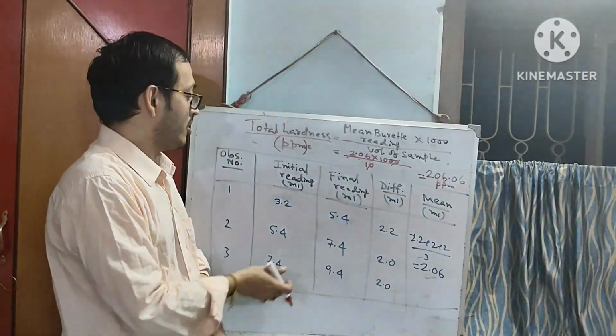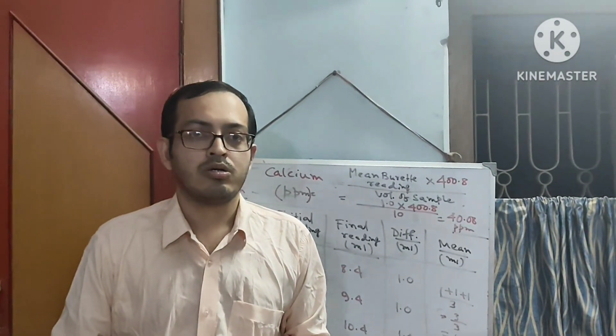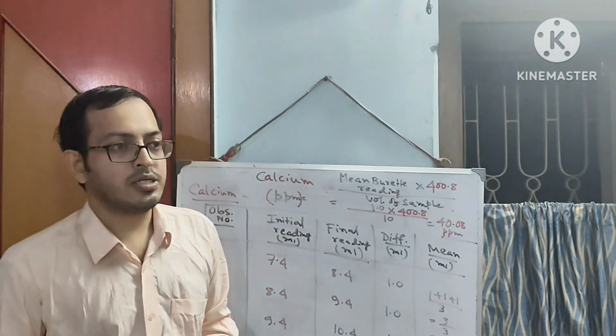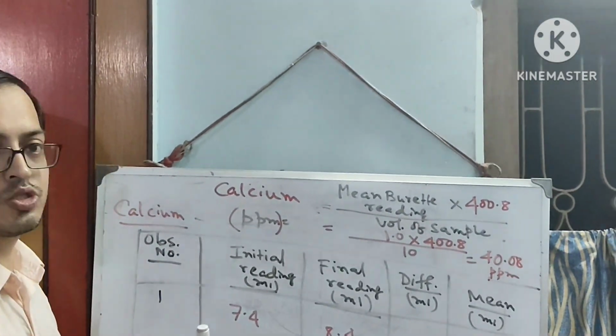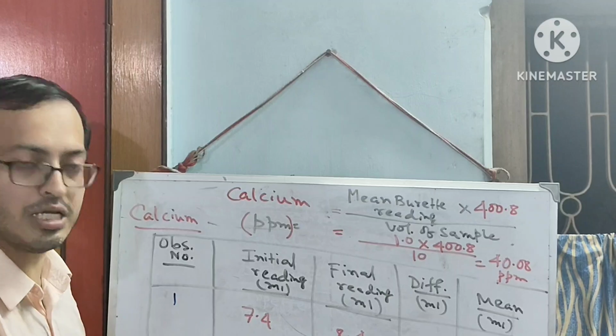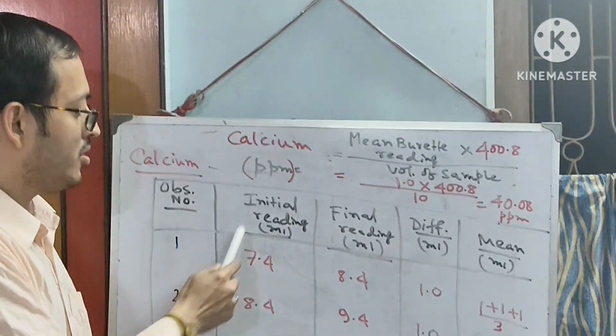Okay, so now we will calculate the amount of calcium and magnesium. So in the next table, this is the table for calcium. So we did 3 titrations subsequently for calcium. Observation 1 to 3.